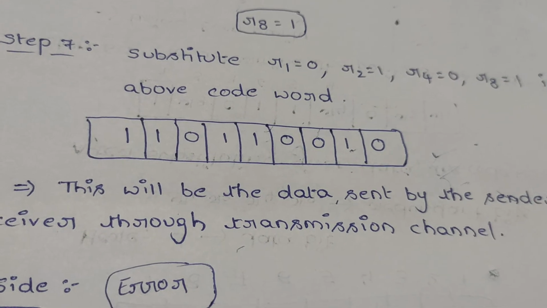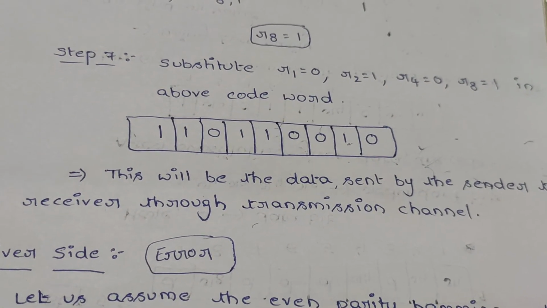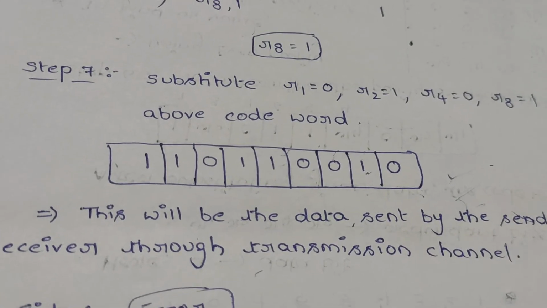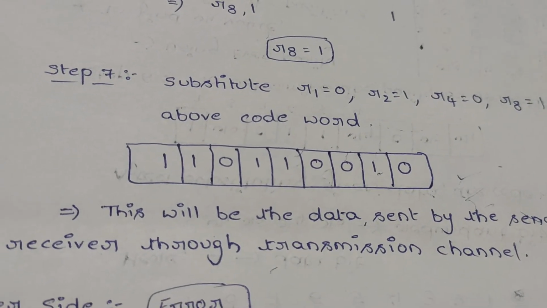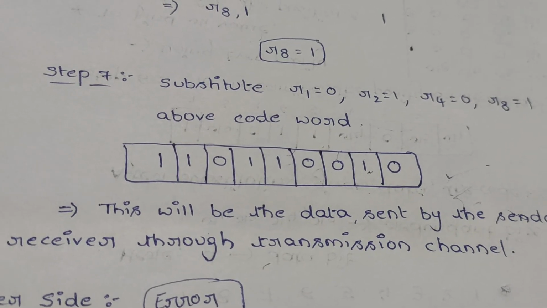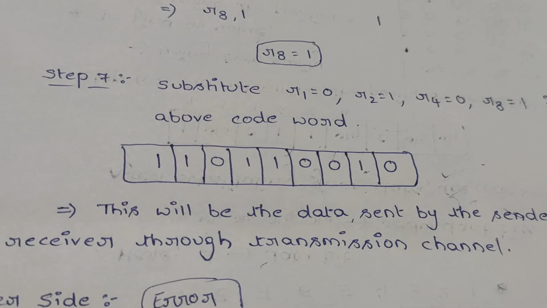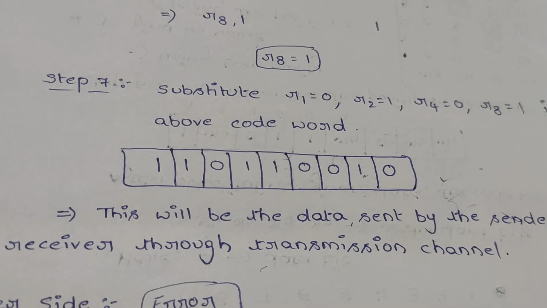So this will be the data sent by the sender to the receiver through a transmission channel. Clear? Now the data with redundant bits is transmitted. This is the complete process on the sender side.